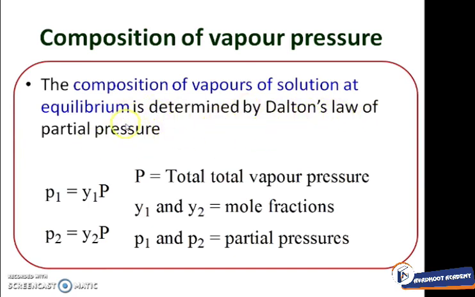According to Dalton's law, the total pressure of a solution is the sum of the partial pressures of various components. So when we simplify Dalton's law, the partial pressure of component 1 is equal to the mole fraction of that component times total pressure, and the partial pressure of component 2 is equal to the mole fraction of the second component times total pressure.